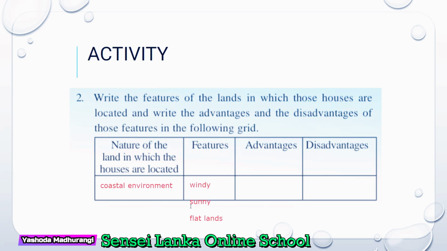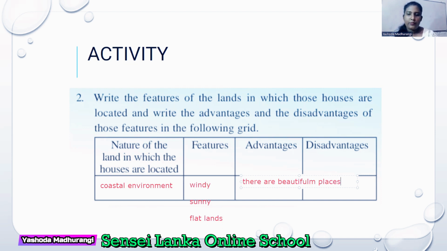Then do you know what are the advantages or the benefits? Why do we live there? What are the things we can get? Advantages. We can earn money by doing tourism. There are beautiful places. That is one thing.